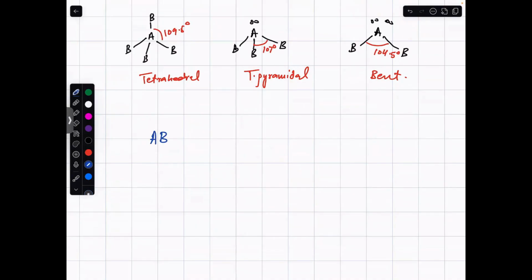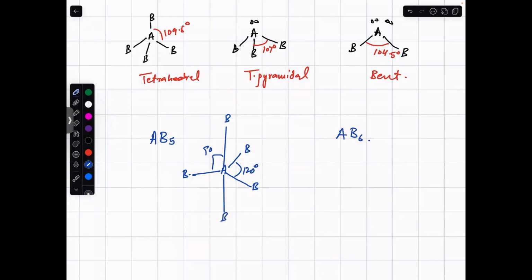And now, the last ones are AB5 and AB6. They are quite obvious situations. AB5, trigonal bipyramidal. 3 are planar, one is up at 90, one is down at 90. So 120 and 90.